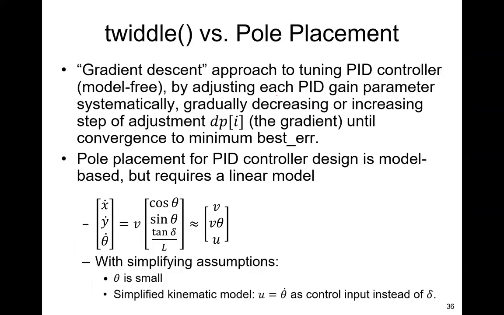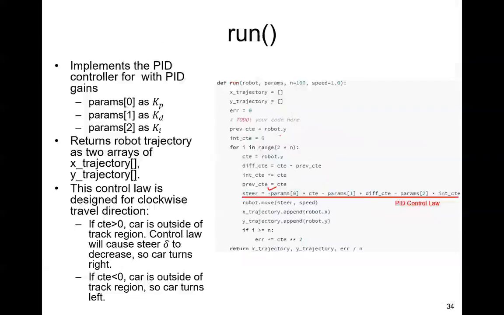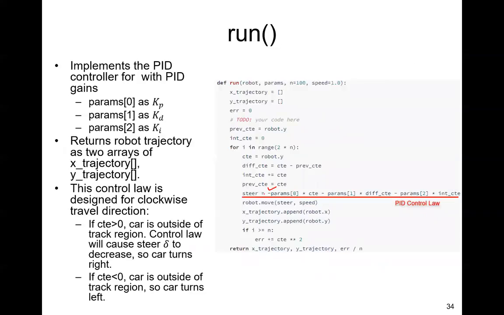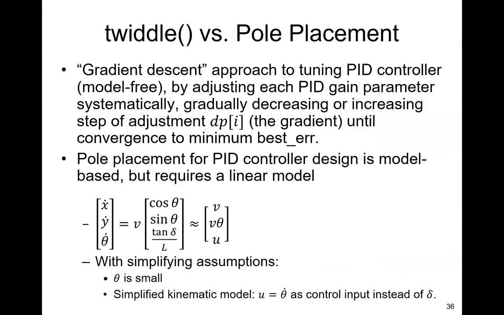So twiddle versus pole placement. Twiddle is like a gradient descent approach to tuning a PID controller. Notice that the controller design is based on the accurate bicycle model, which is highly nonlinear, with the sine, cosine, tangent in there. Even though it's nonlinear, PID can still be applied, except that you cannot use pole placement, the control theory, to design a PID.